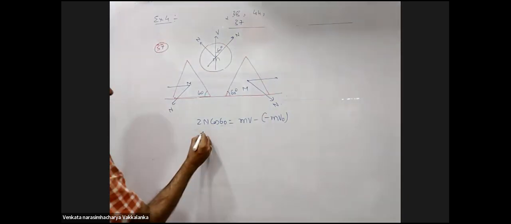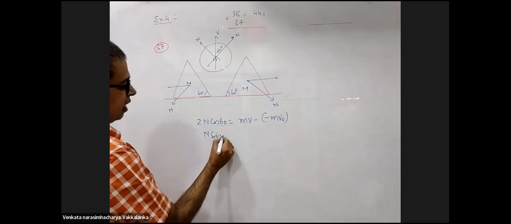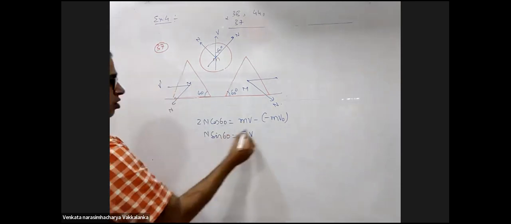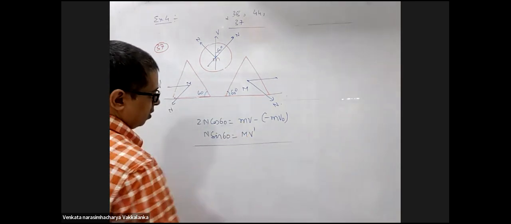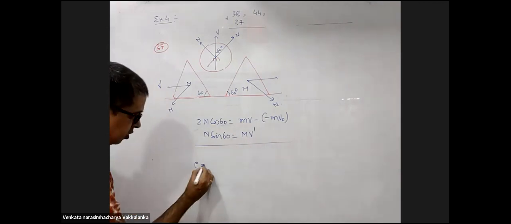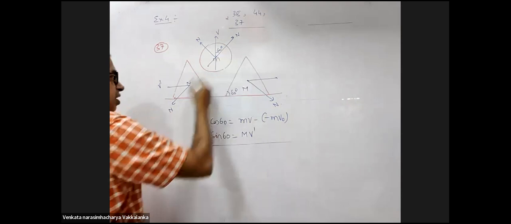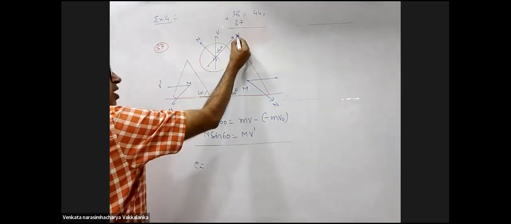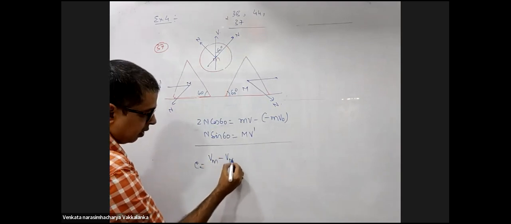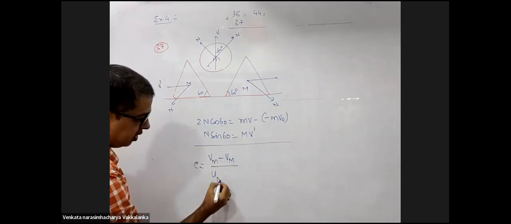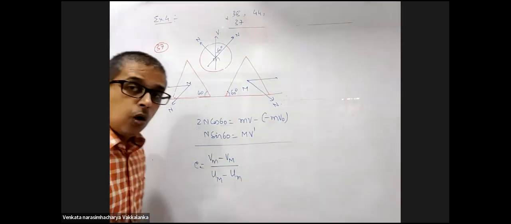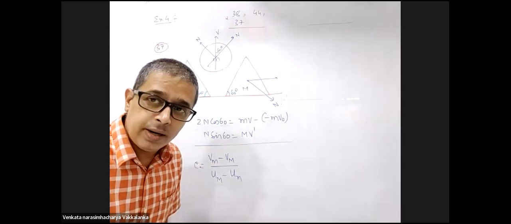Capital N sin 60 is equal to capital M into, I'll call this velocity V dash. The coefficient of restitution is small e: relative velocity of separation, which we resolve in this direction, is velocity of small m minus velocity of capital M, upon initial velocity of capital M minus initial velocity of small m, all along the common normal.